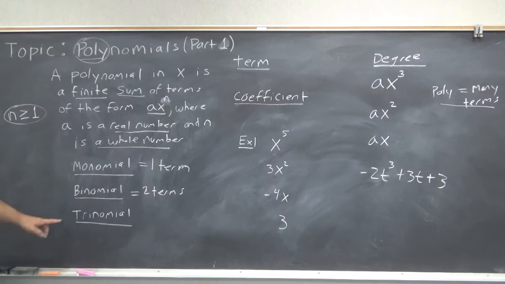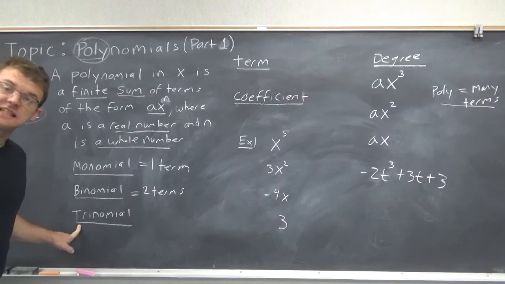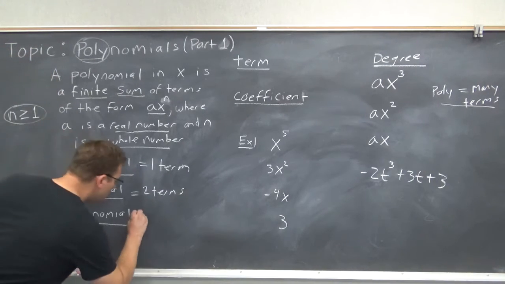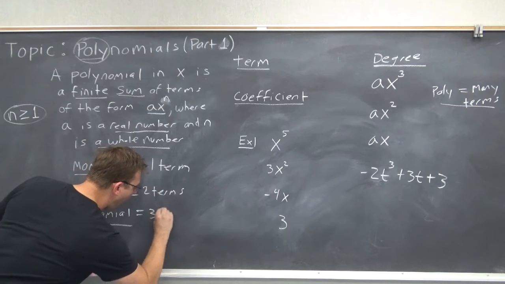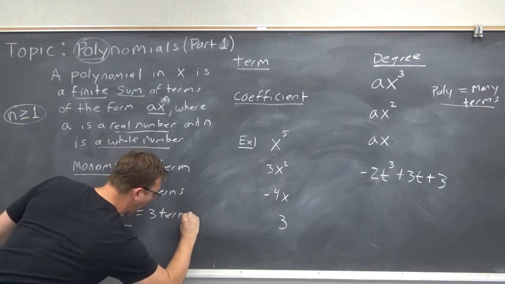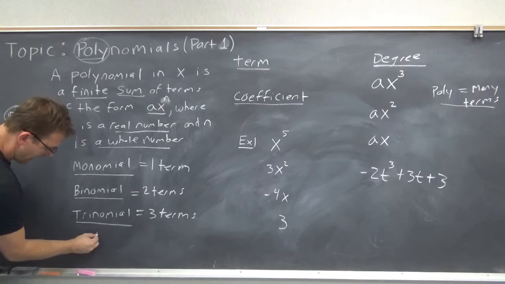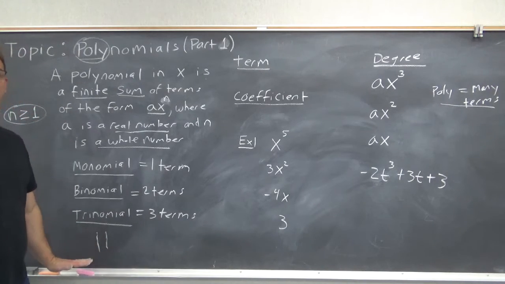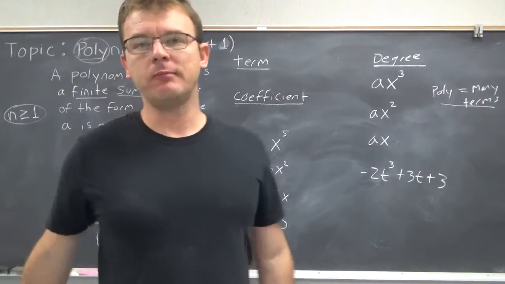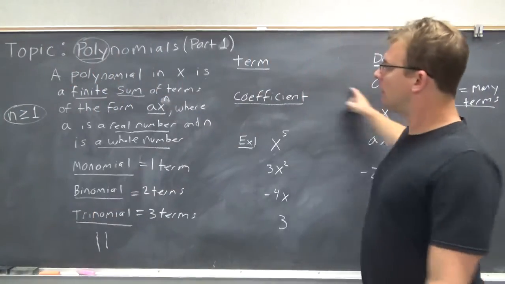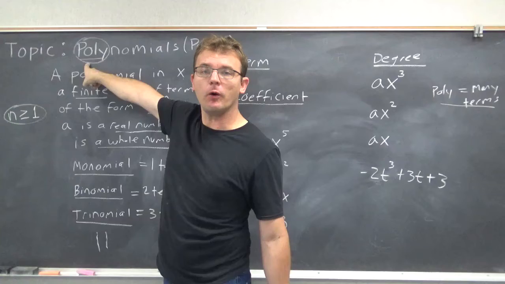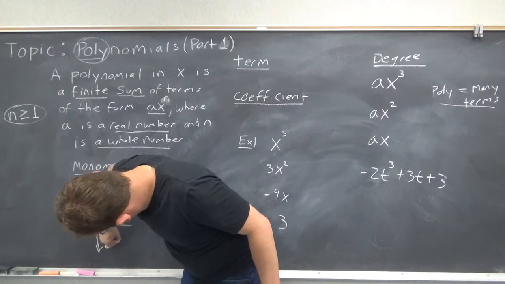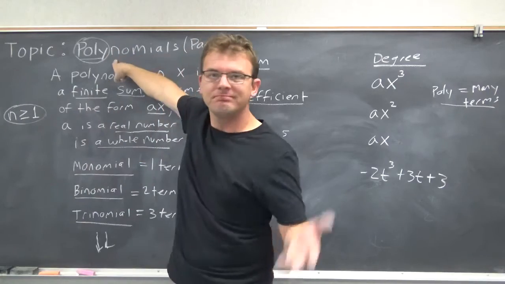Trinomial, like tricycle, is three. After that, I wouldn't call them those anymore. They would just be polynomials. So after trinomials, call it a polynomial.